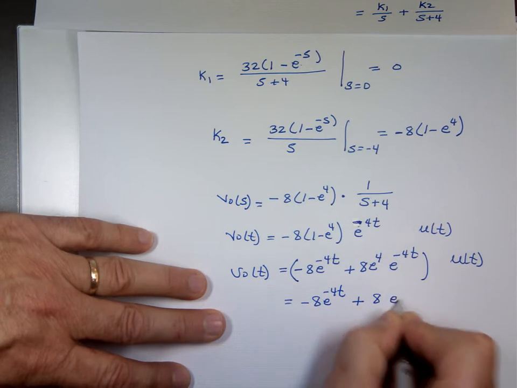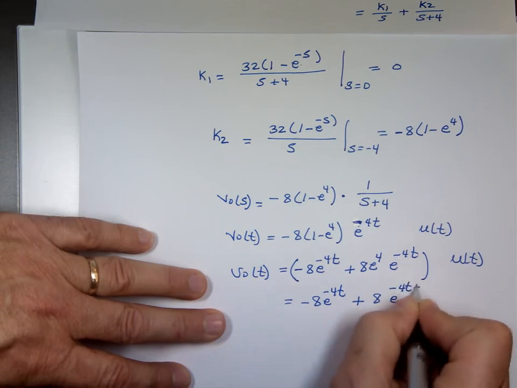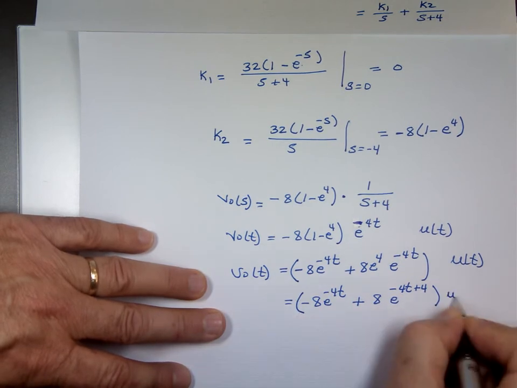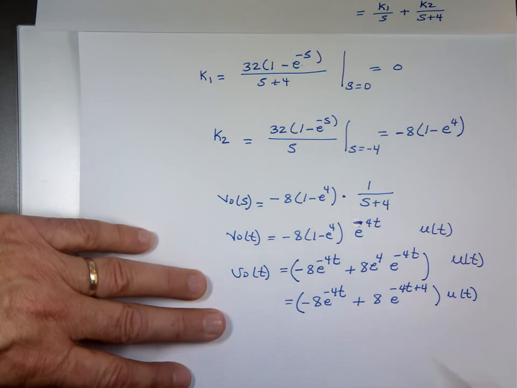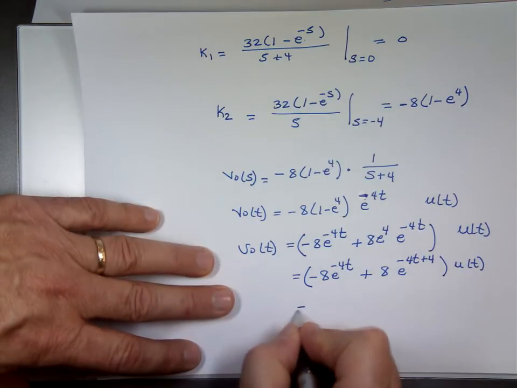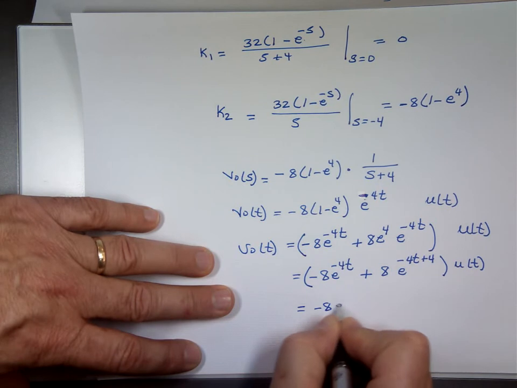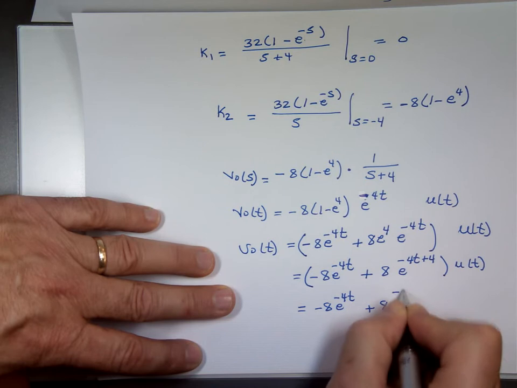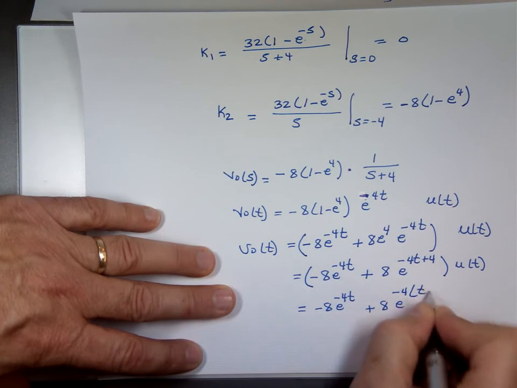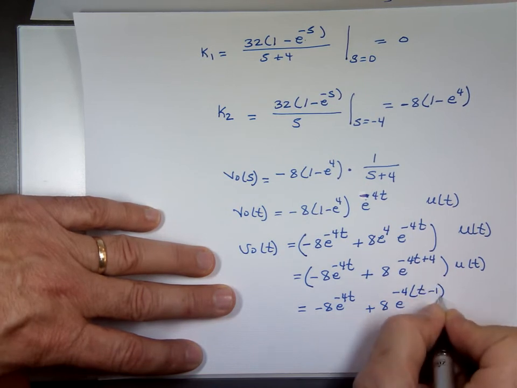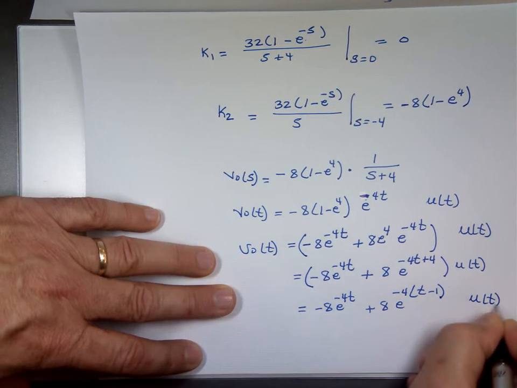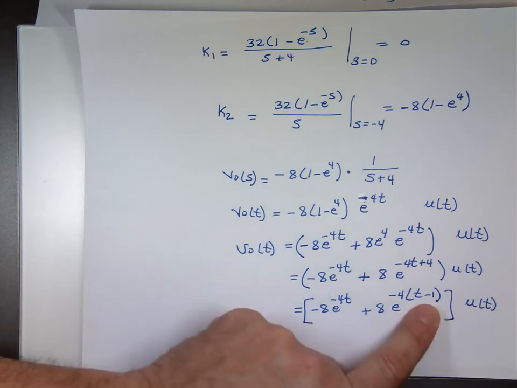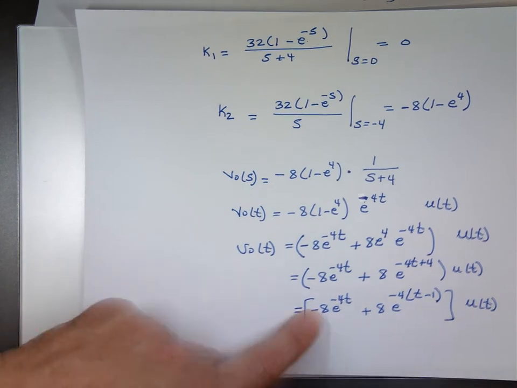E to the negative 4t plus 4. If you want to even factor a negative 4 out, you can write it any way you want to. Here's the negative 4, and this will be t minus 1. Because you want to see in terms of that shift, you know? So you get it at t equals 1 second, and this is the original one at t equals 0.